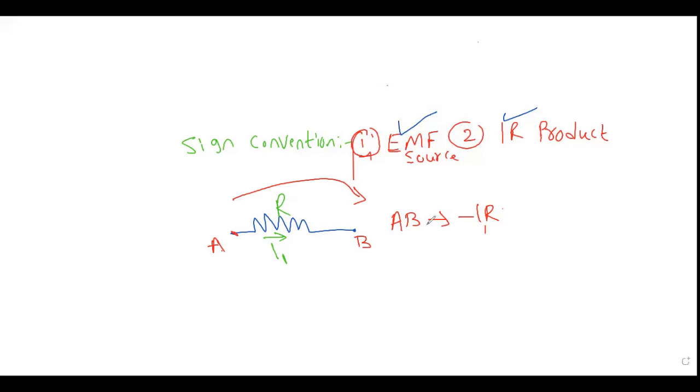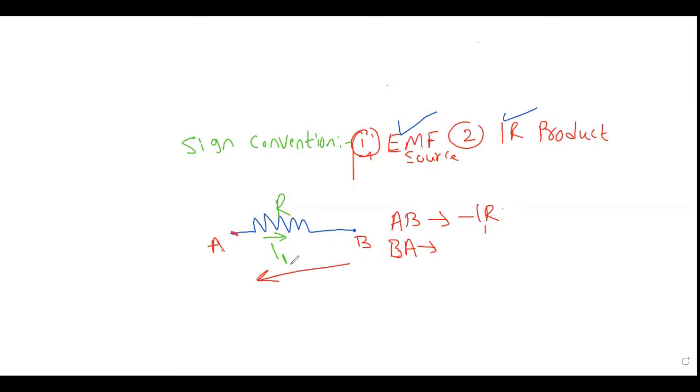Now for the same circuit, if we are tracing our circuit from B to A, then you understand that we are moving in this direction.